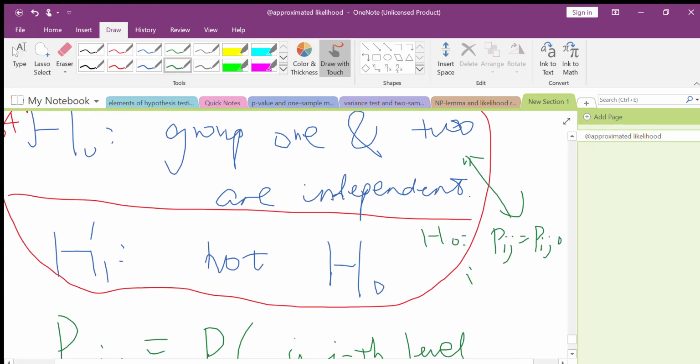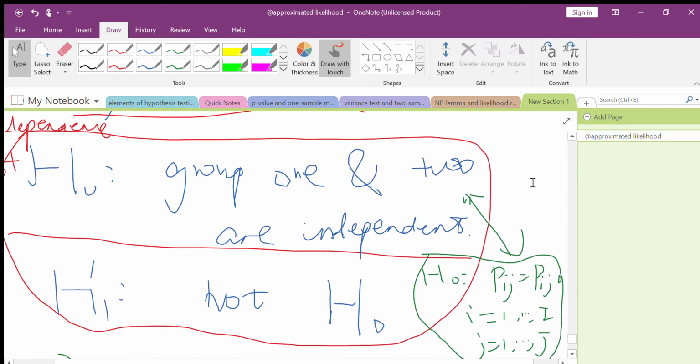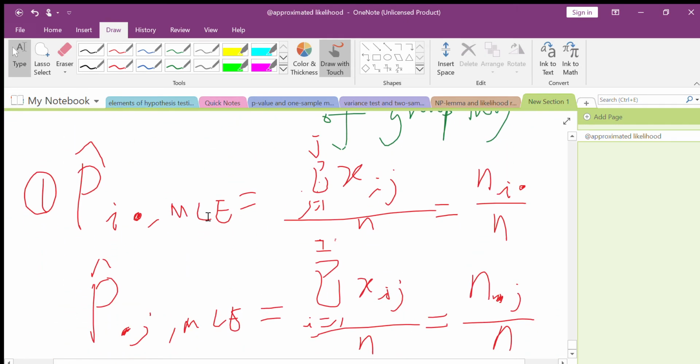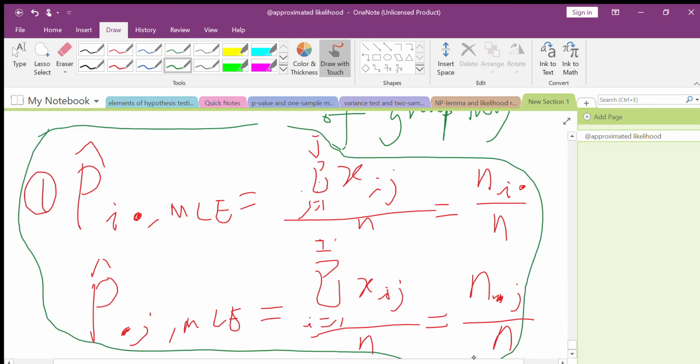Here i is from 1 to capital I, and j is from 1 to capital J. How to translate? The key here is also the translation. To make such a translation, we first apply the principle of maximum likelihood estimation, we get this MLE, and then we translate.